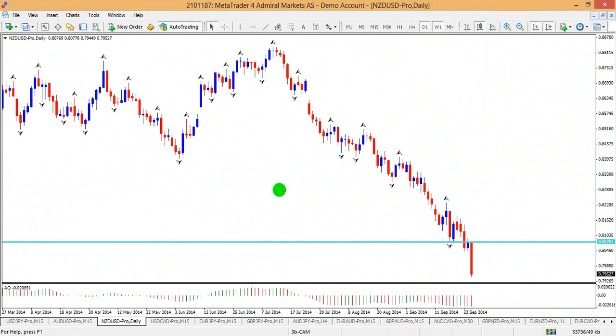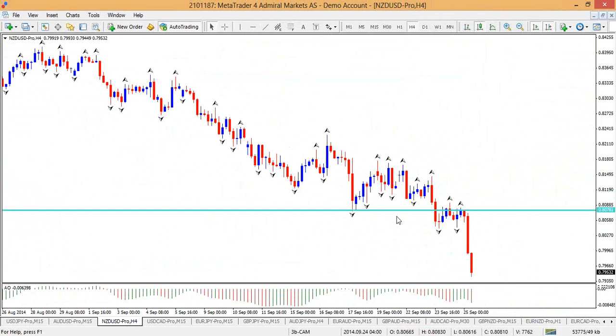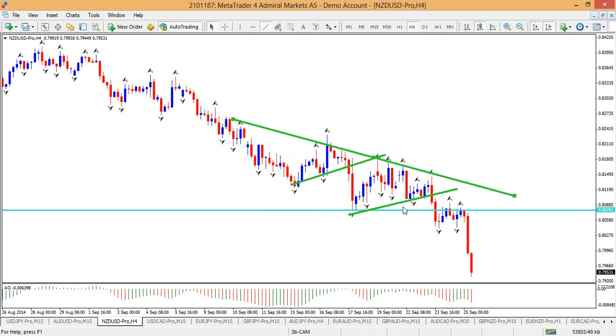Some say take the short, some take the long, and personally, I was in favor of the short because the momentum was too strong. Too many breaks, too much resistance, and too much downside pressure. And that indeed happened. Break, hook back, break, hook back, break.